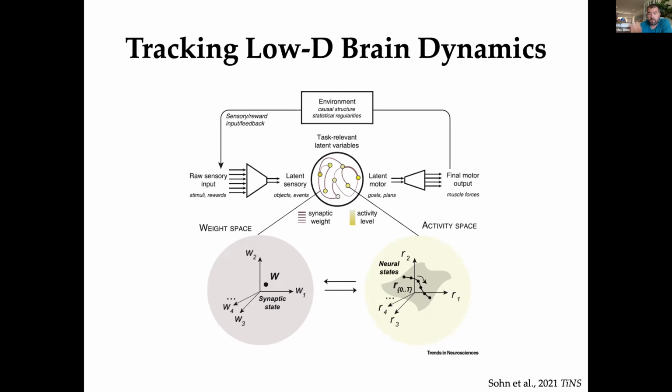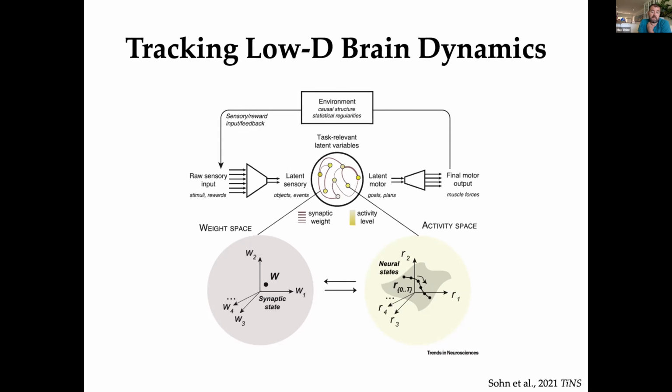If you knew with some precision the weight of each of those synapses or the activity of each of those neurons, you could put a point in that n-dimensional space that described the activity or the weight of all of them. In other words, you could do the "you are here" dot from Hitchhiker's Guide to the Galaxy, showing where you are in this vast space of all the different possibilities.